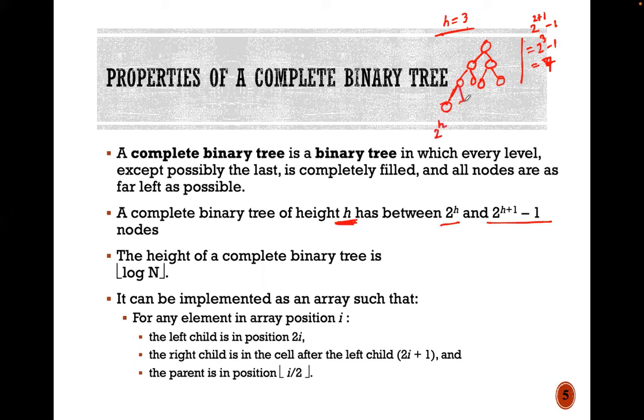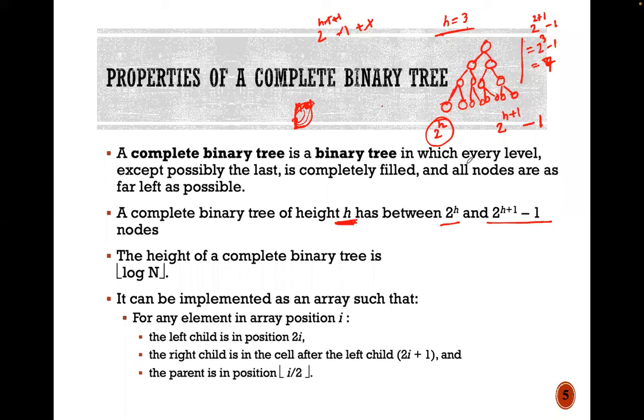After this level is completely filled, it is the same equation for finding the maximum number of nodes in a tree of height h, which is 2 to the power h plus 1 minus 1.